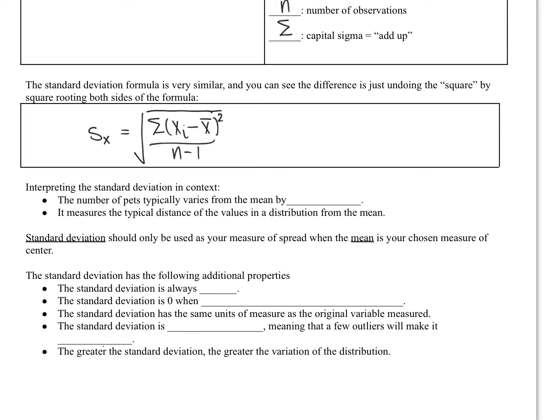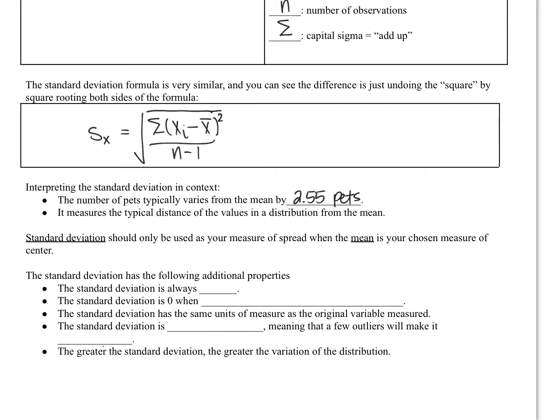So if we're interpreting our standard deviation in context, the number of pets typically varies from the mean by 2.55 pets, because that's what we got when we took the square root. So it measures the typical distance of the values in a distribution from the mean.